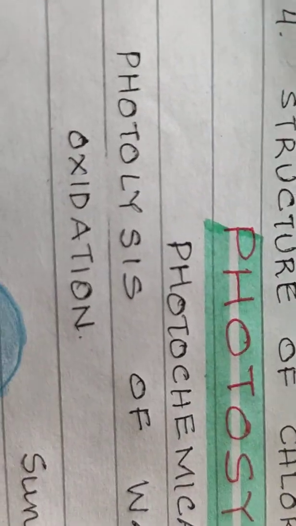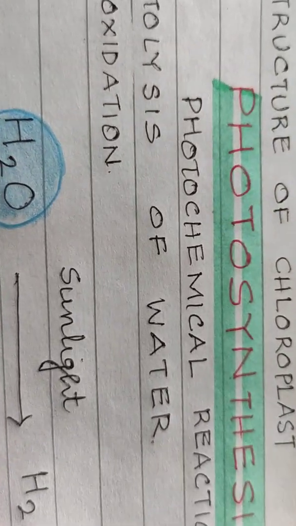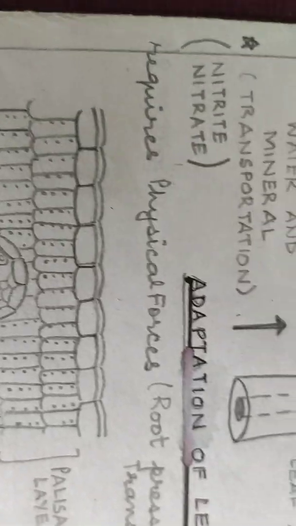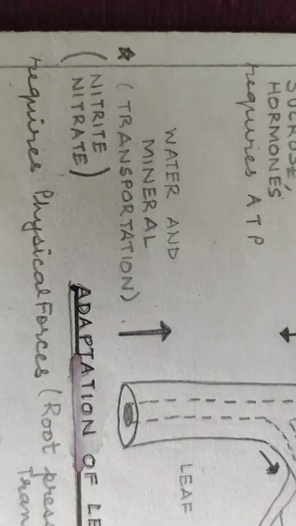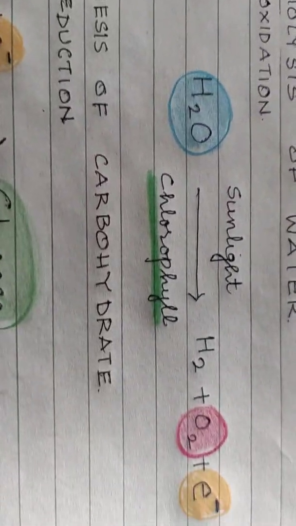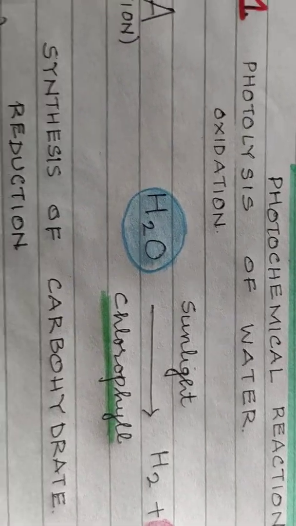Now if we come back here, the first reaction is photolysis. Photolysis means, lysis means breakdown, photo means through the photons. So the first step is the breakdown of water, and the water enters into the leaf through the xylem and from the roots. So there is loss of electrons, so we call this the oxidation.